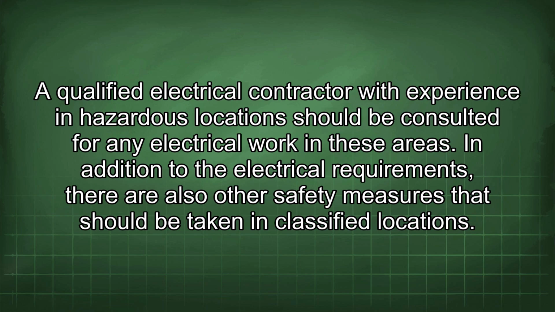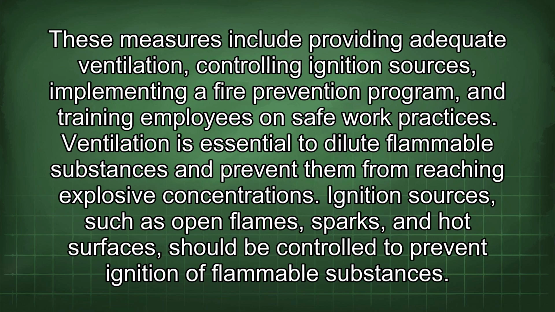In addition to the electrical requirements, there are also other safety measures that should be taken in classified locations. These measures include providing adequate ventilation, controlling ignition sources, implementing a fire prevention program, and training employees on safe work practices. Ventilation is essential to dilute flammable substances and prevent them from reaching explosive concentrations.